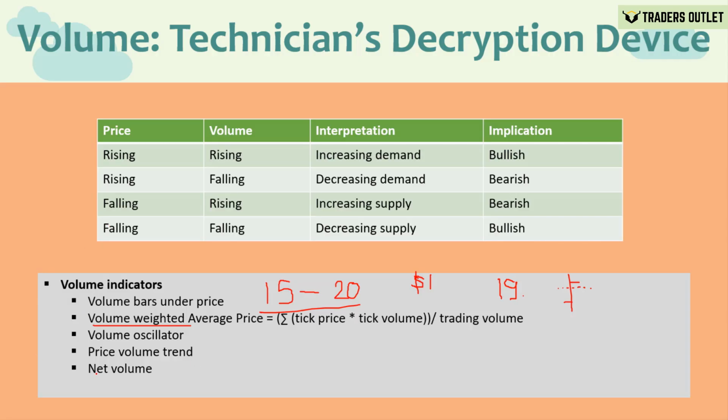Net volume is by definition the difference between the up volume and down volume, and so is price volume trend. These indicators suggest how volume has been traded in the market over a particular period. We will look at these indicators in detail through graphs rather than as definitions.